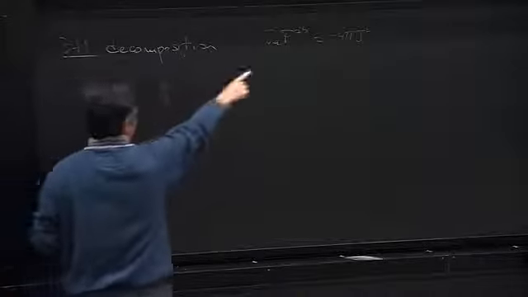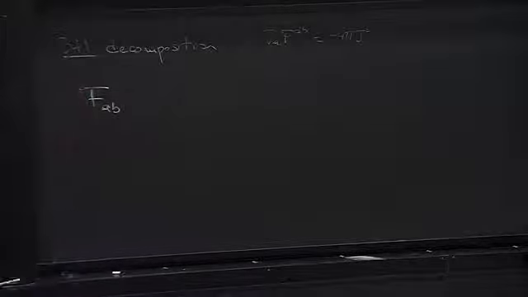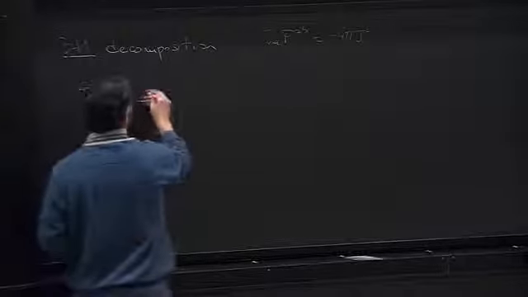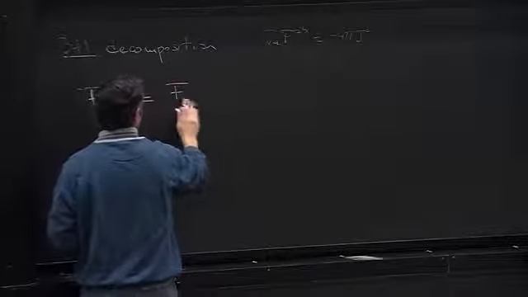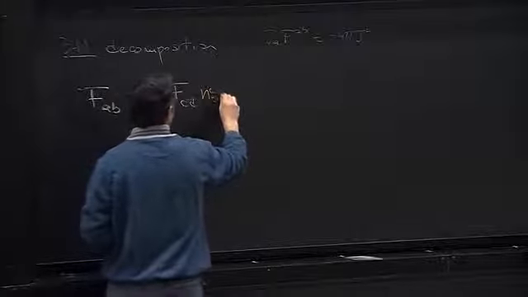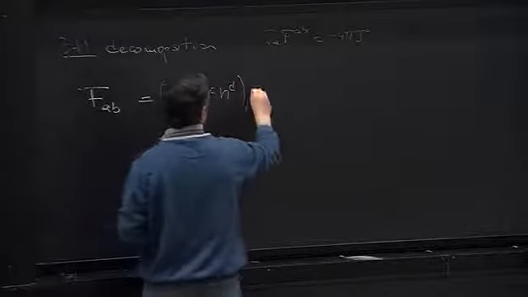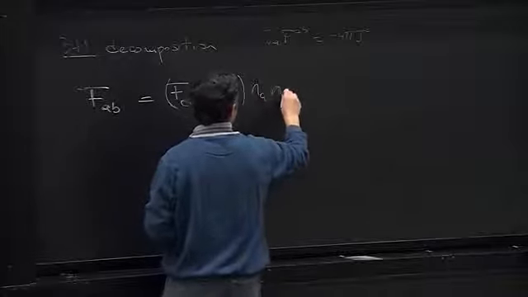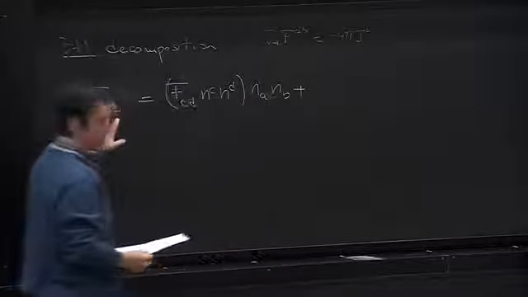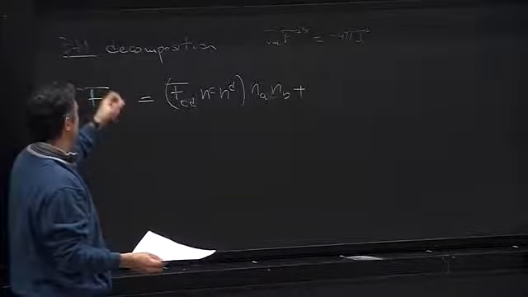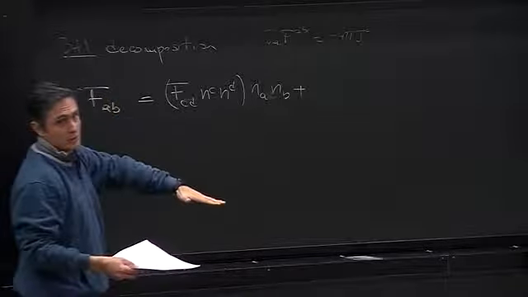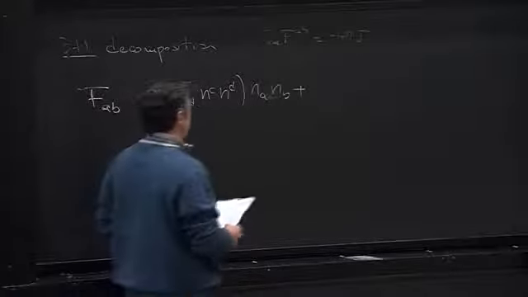In particular, we can try and decompose this Faraday tensor into quantities that are naturally well adapted to this 3+1 way of thinking. So the obvious thing is, I have two indices, so at least at a formal level, let me write it this way. F_AB has two legs, and I'm going to project each leg either parallel to the vector n or orthogonal to it. And when we do that, that's something that lives on the hypersurface.